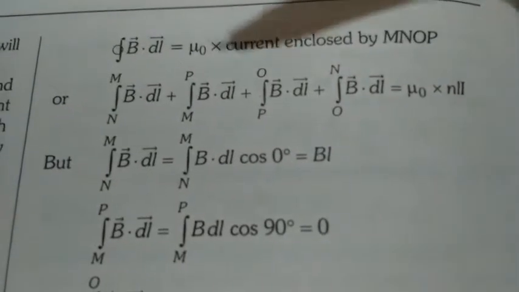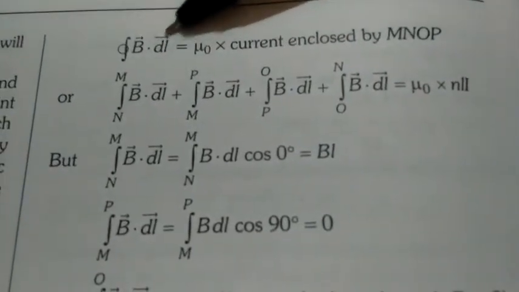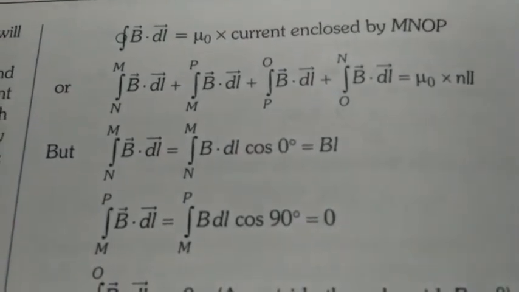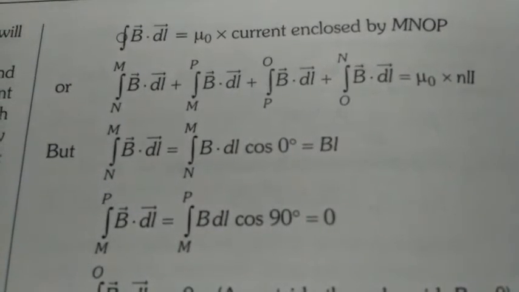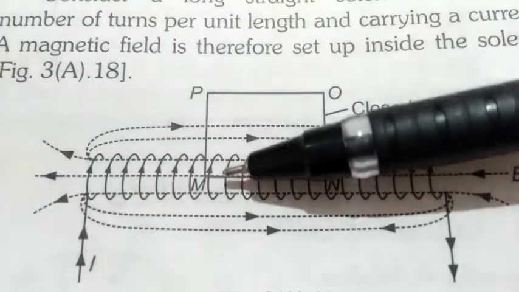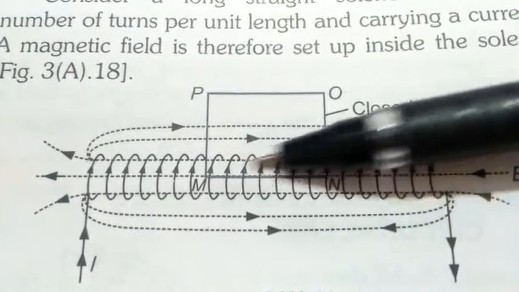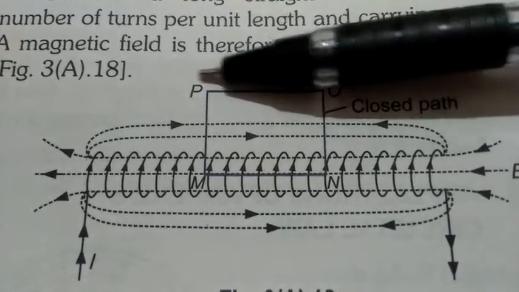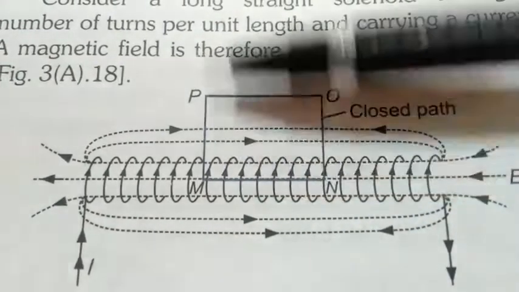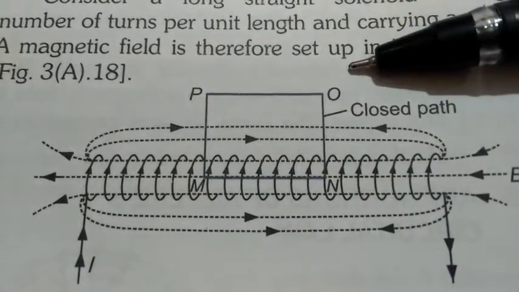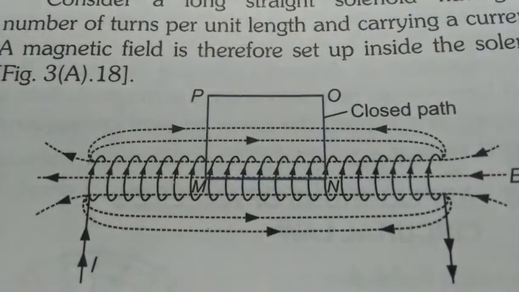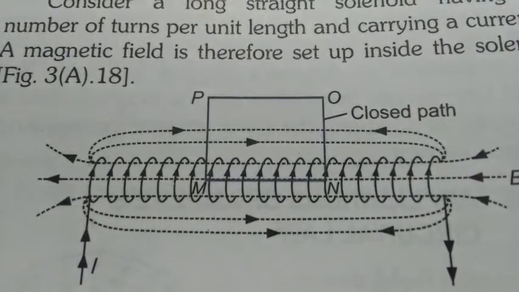According to Ampere's circuital law, the closed integral of B·dl equals mu naught times the current enclosed by MNOP, that is the closed path, closed curve. Now here we have the closed path MNOP. We split it in 4 parts: MN, NO, OP and PM. So when we have to find out the current enclosed by MNOP, we split it in 4 parts and then integrate.